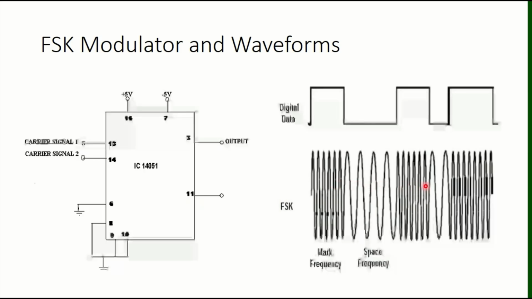If the carrier is varied, then the output will remain the same, only the internal carrier will vary. This frequency shift keying will change based on the digital data.